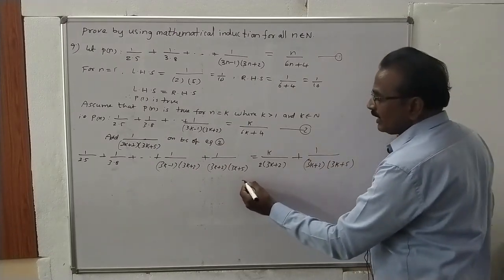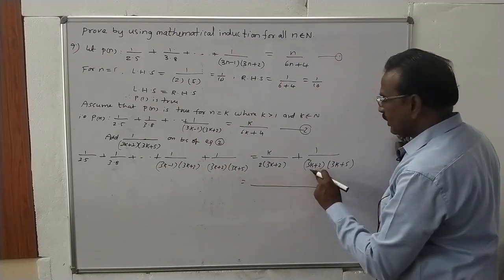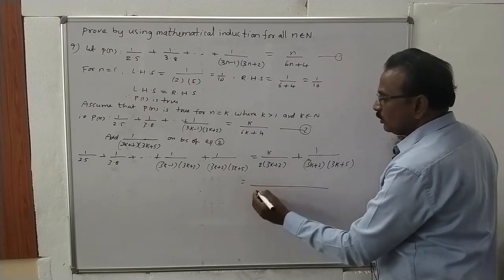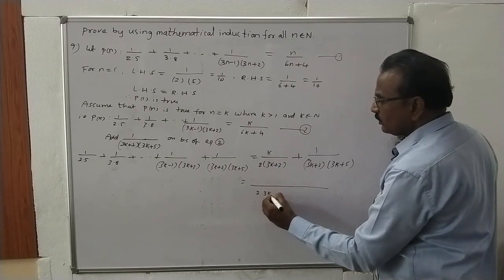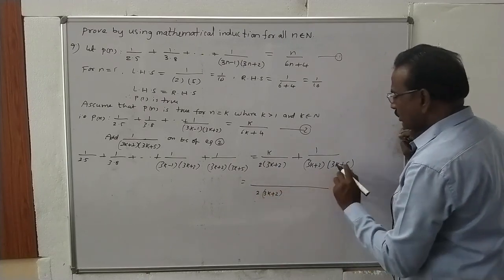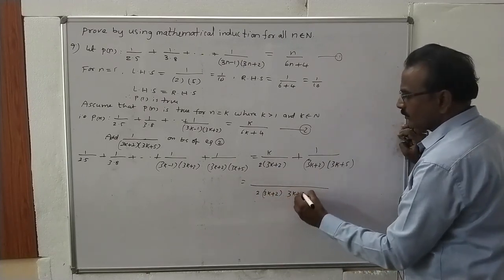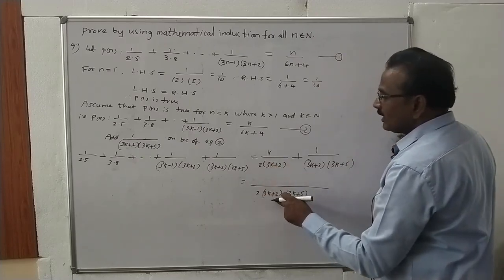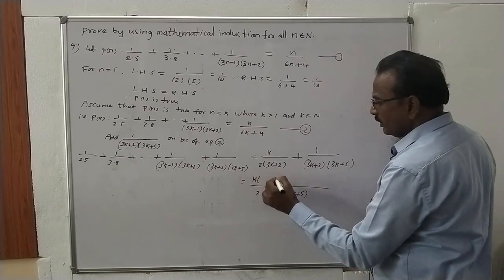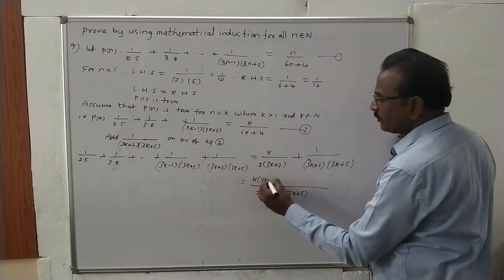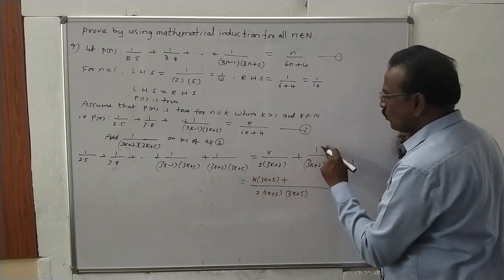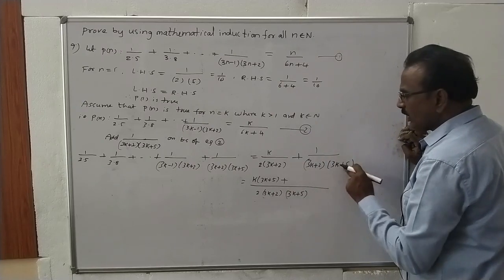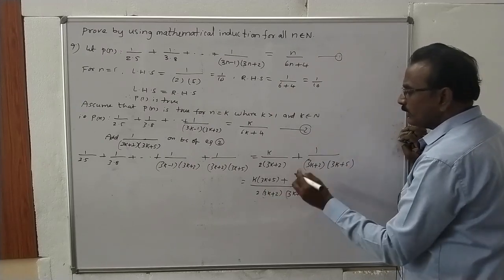What is the first step? LCM. Here what is LCM? 2 into 3k plus 2 is the common factor, once, and 3k plus 5. Here 2 into 3k plus 2, 2 into 3k plus 2 cancel. k into the remaining, k into 3k plus 5, plus 1 into, here 3k plus 2 and 3k plus 5 cancel, 2 into 1 is 2.